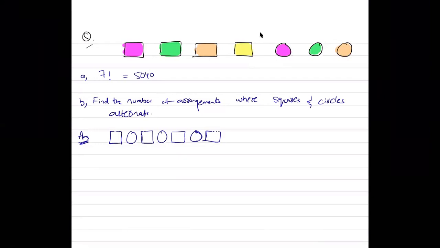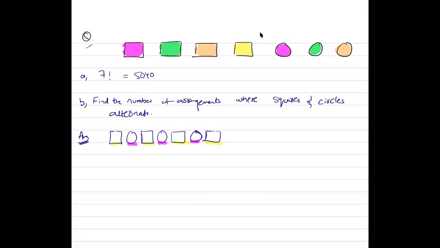Because then two squares will be together. Exactly. There are fewer circles. So if you start with a circle, the squares are going to be together. Okay, now this is the arrangement. I want squares on these positions and circles on these positions. In how many ways is this possible?